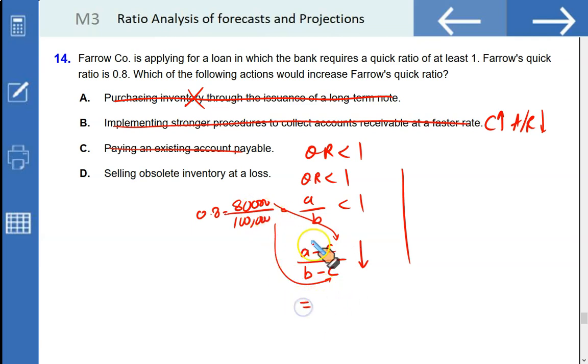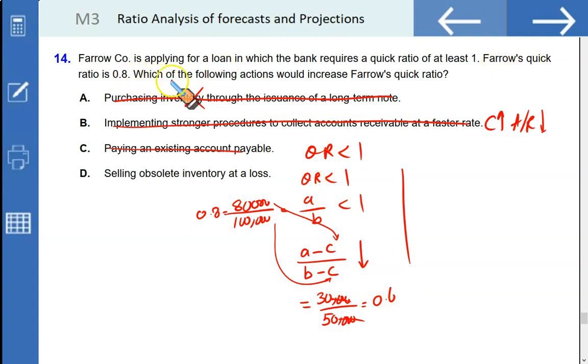So the new numerator will be 80 less 50, 30, right? And 100 less 50 will give you 50,000 as the new denominator. So see what happens here: 0.6. So your quick ratio has fallen. So this is not going to work.